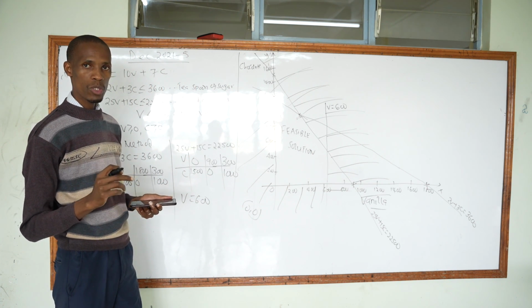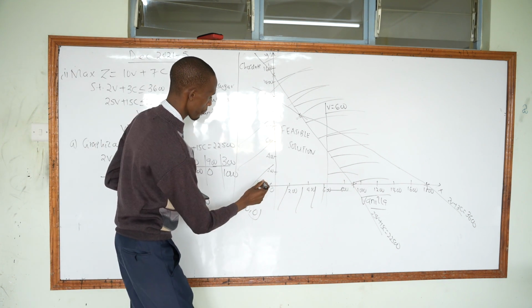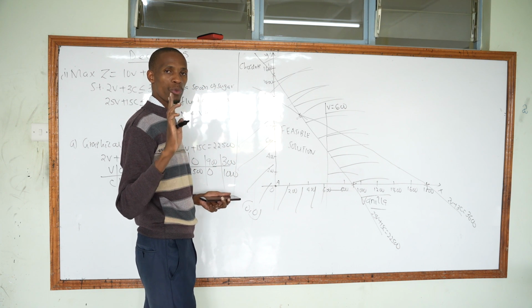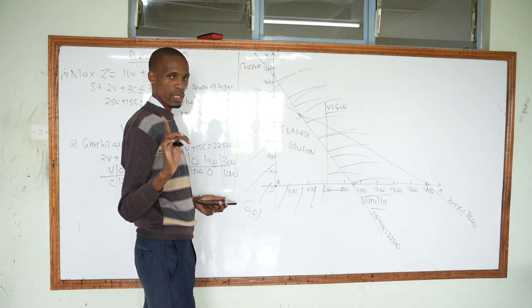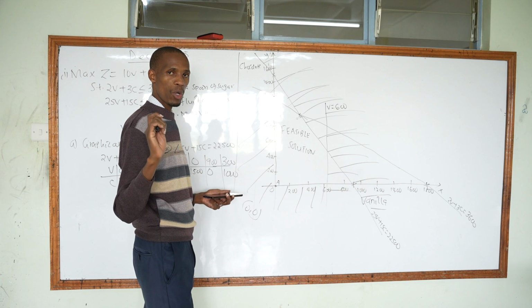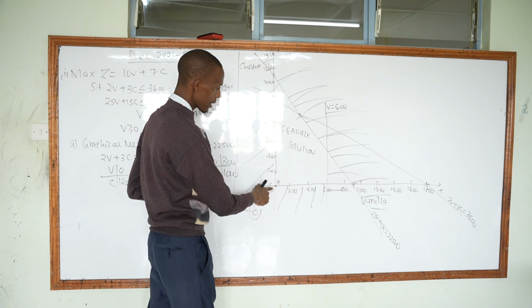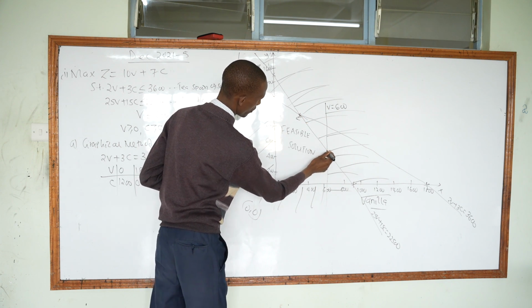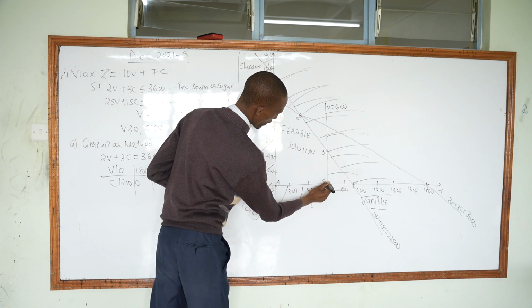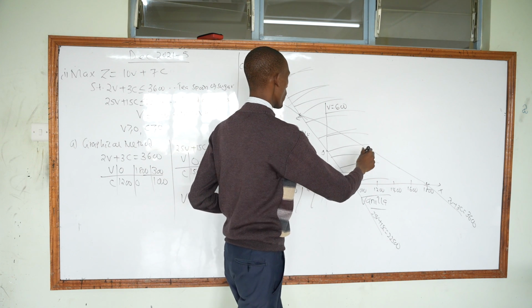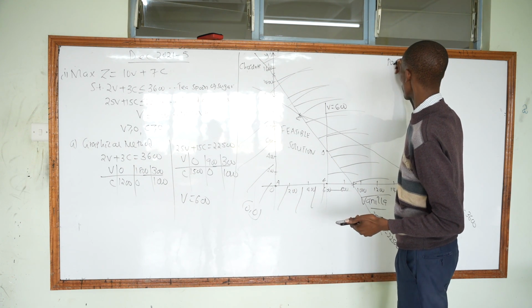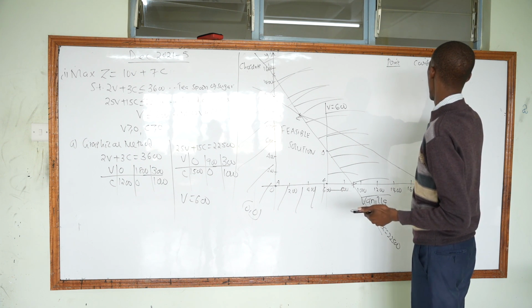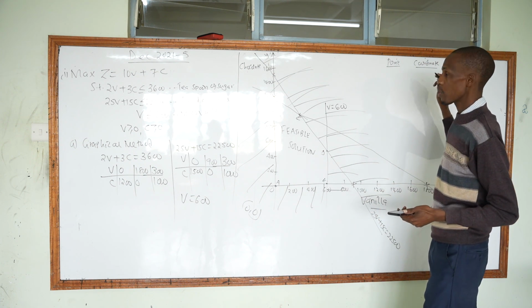But to determine which one is the optimal, we get what we call the corner solutions. Get the corners here, A, B, C, D, E. Then coordinates, and then we shall have the objective function.